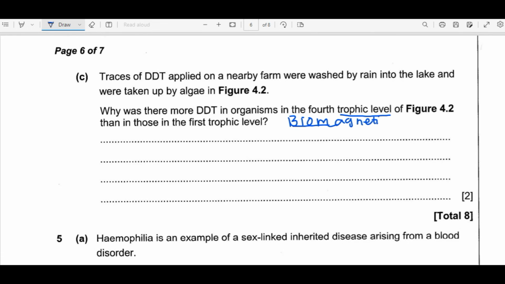So what happens in biomagnification? Let me see if I can give you a short explanation or answer that can help us to understand it.